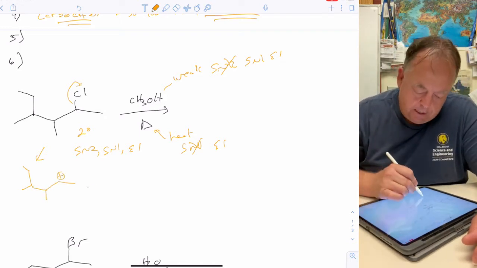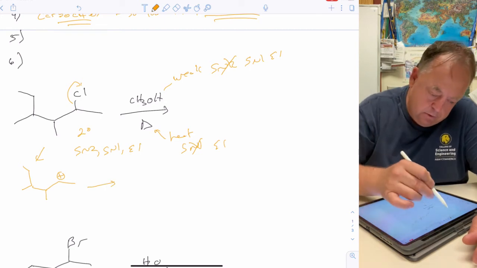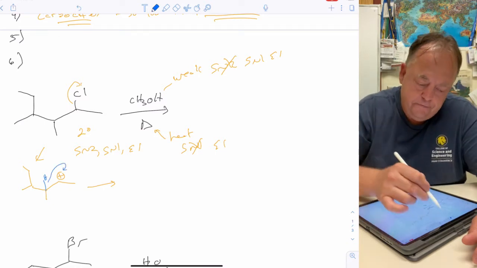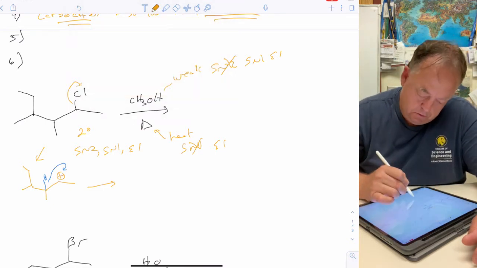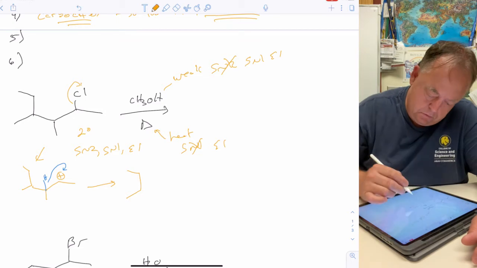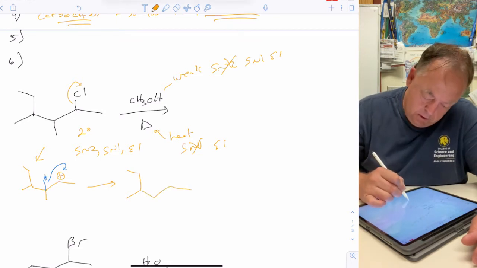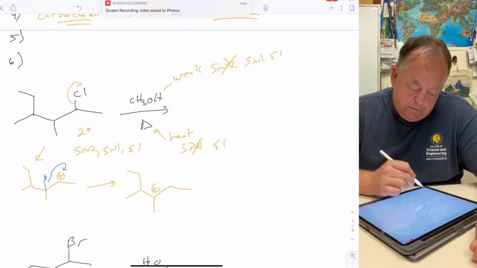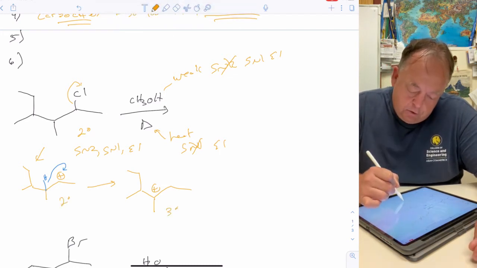And will that carbocation rearrange? Yes, it will. If you go to the adjacent positions, there's a hydrogen here that you can move to there. Which would give a tertiary carbocation. And so that's more stable. So you go from secondary to tertiary carbocation.